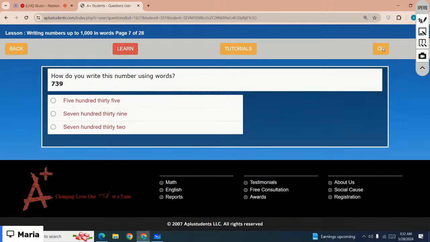How do you write this number using words? 739.